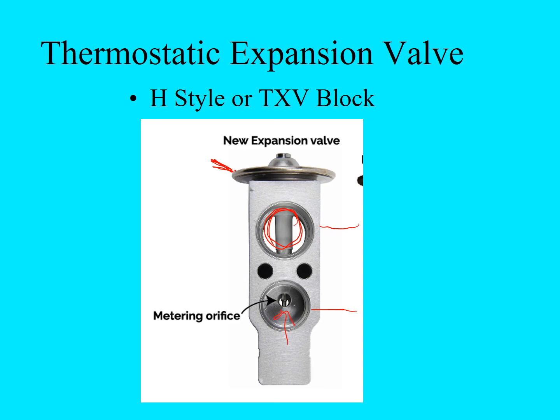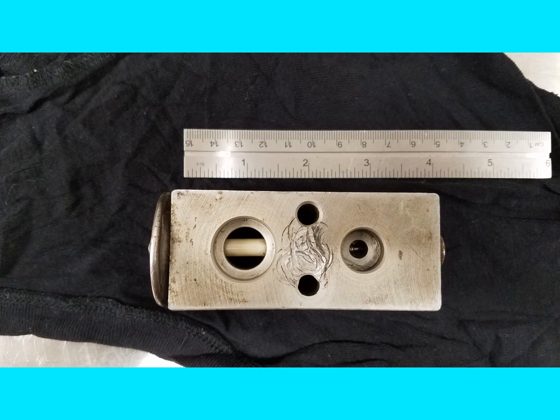So this is what we'd be looking at for an H-style expansion valve. These are very popular because it allows a very easy connection for the high side line and the low side line for the refrigeration system. This is a picture with a ruler so that you get an idea how big the H-valve block would be.